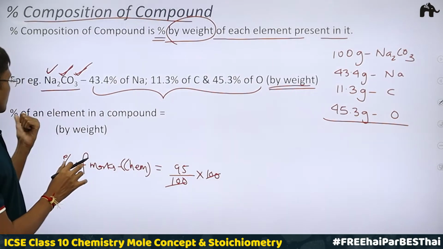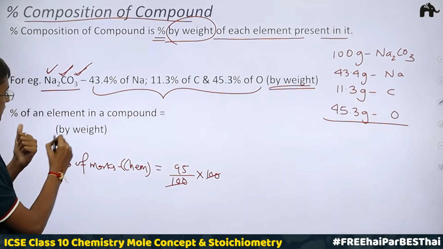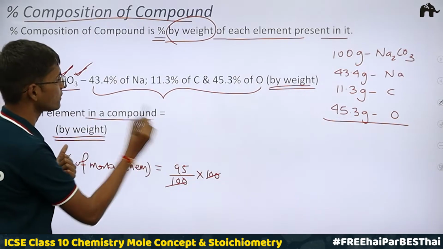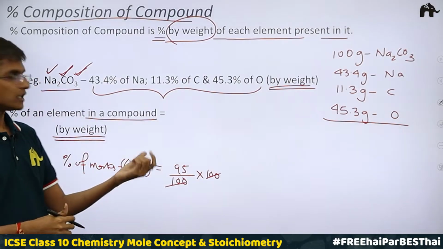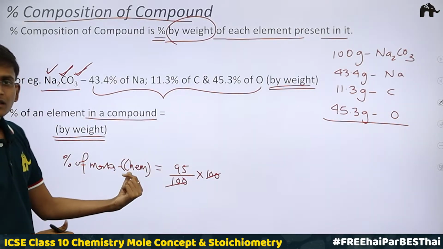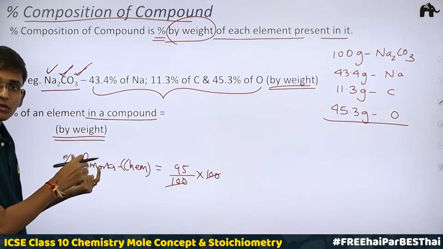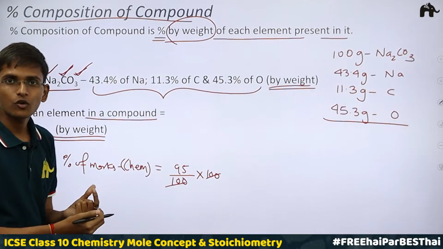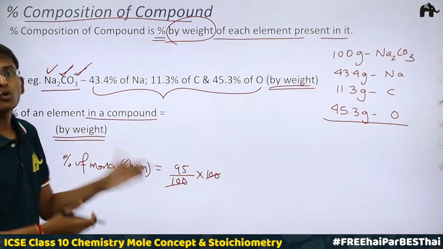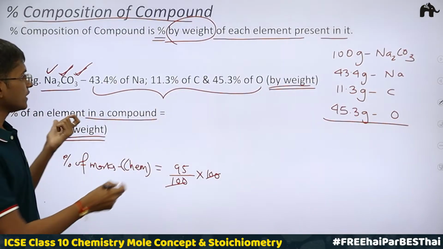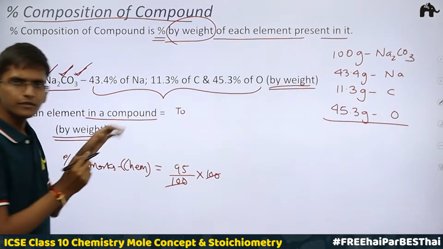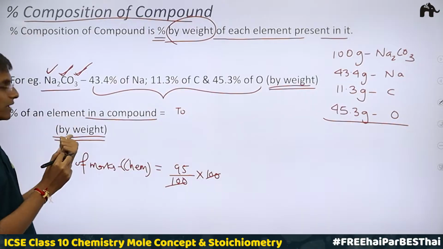The same way you have to find out the percentage of an element by weight in a compound. See, percentage of marks in chemistry: you took how much marks you scored in chemistry, and then divided by total marks. Same way here, we are finding out the percentage of an element by weight.